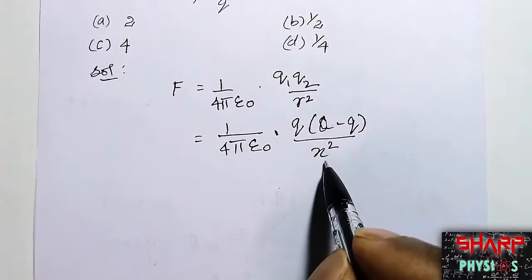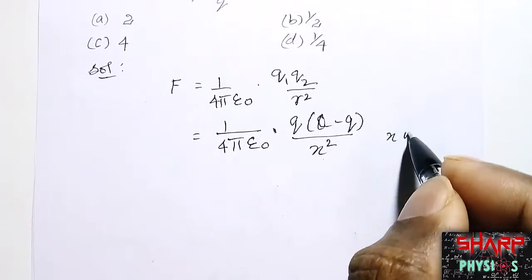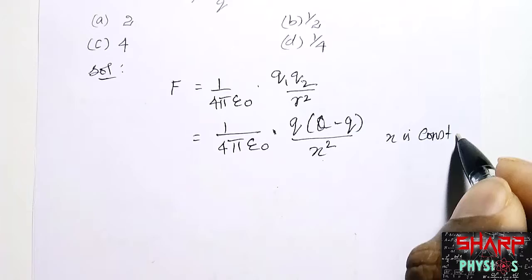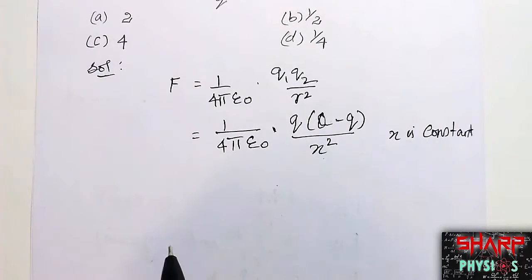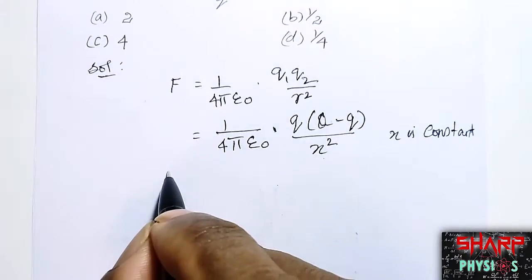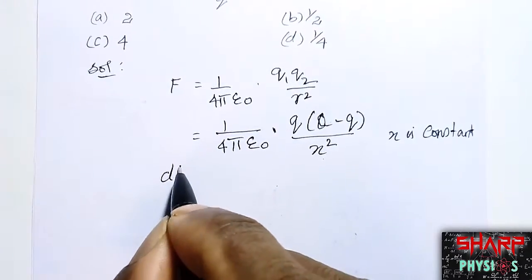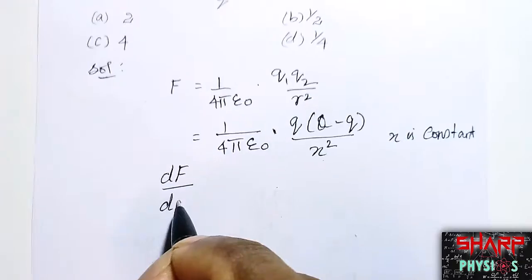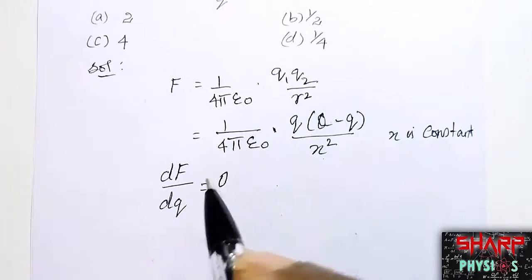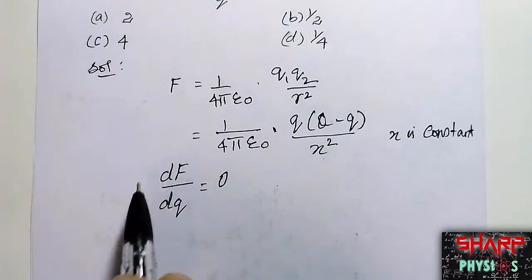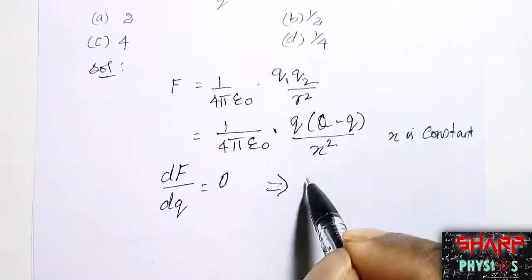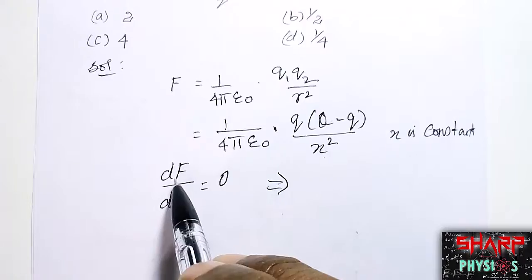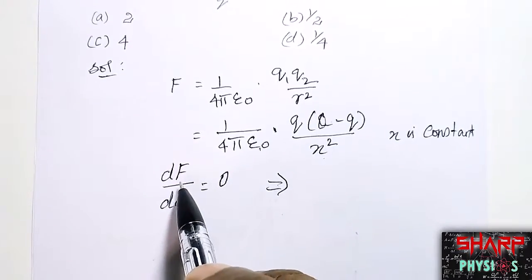So you can see here the x is constant, since it has not been mentioned otherwise. The maximum force is mentioned here, so we give it dF by dq is equal to 0. So the repulsion force, the maximum force, how much will it be? It is 0.